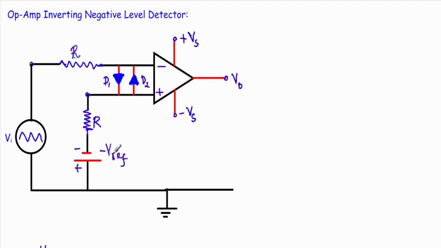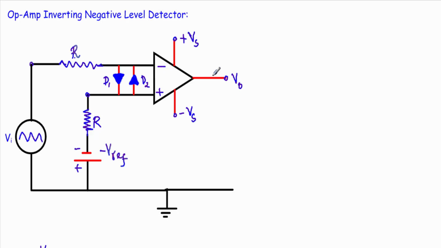As the reference voltage is negative, this is called a negative level detector, and this is called an inverting negative level detector because we are applying the input voltage at the inverting terminal of the operational amplifier.